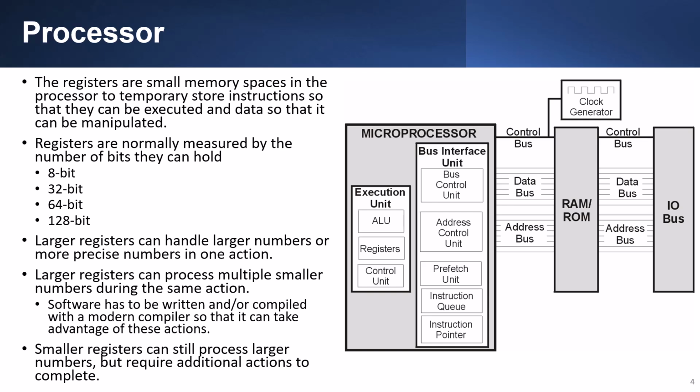Larger registers can handle larger numbers and more precise numbers, or more decimal points in one action. Larger registers can process multiple smaller numbers during the same action so that it does more in one action. However, software has to be written and/or compiled with a modern compiler that can take advantage of these actions. While smaller registers can still process larger numbers, it may require additional actions to complete.